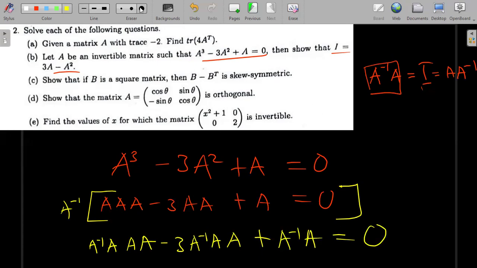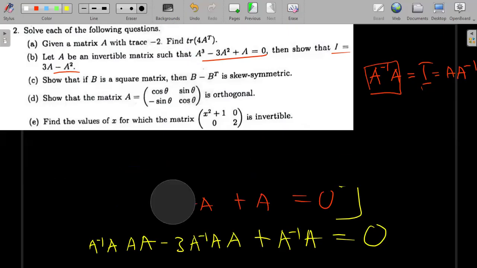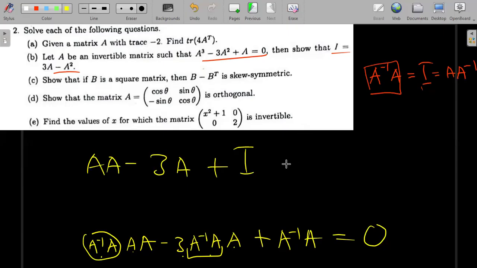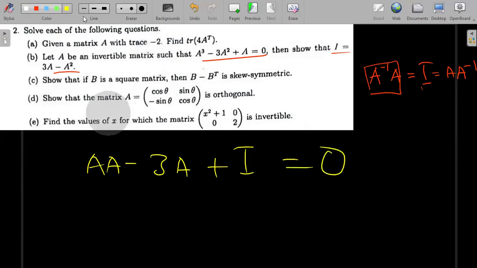Okay, from there, what are we going to have? Let's erase what we have on top. We see that this here is just going to be an identity. So we have an identity multiplied by AA, which is just AA. Minus 3, this will be an identity, so it will be 3 multiplied by an identity multiplied by A. That will be 3A. Then this one will just be plus identity, and it is equal to 0. From here, we can make I the subject.